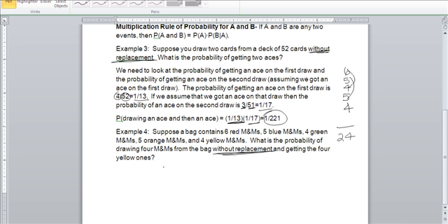So the probability of getting yellow on the first draw is 4 out of 24. Now we assume we have removed a yellow one. So on the second draw, it's only 3 yellow ones out of the 23, then 2 out of the 22, and finally 1 out of the 21.